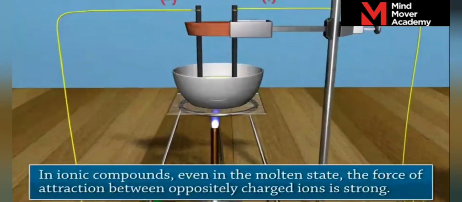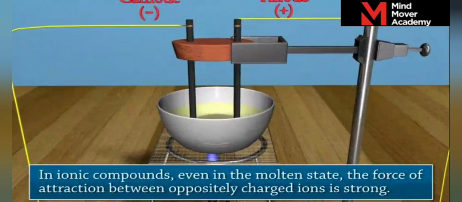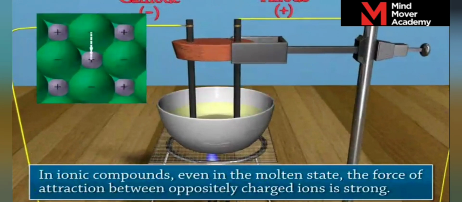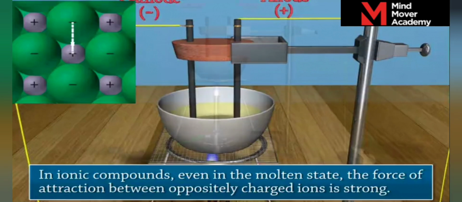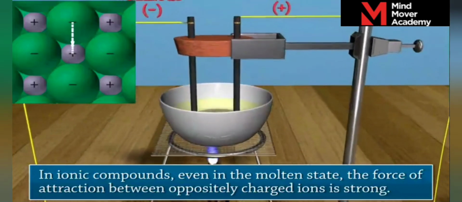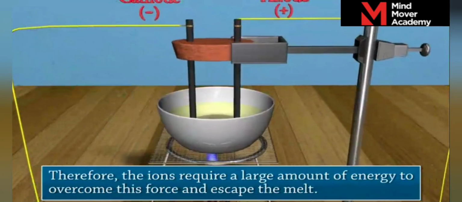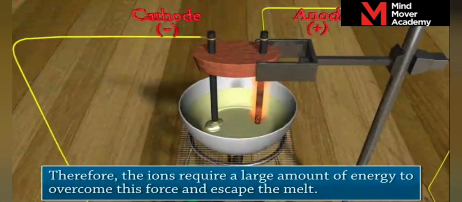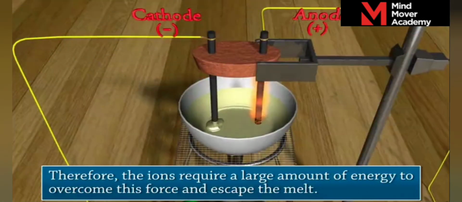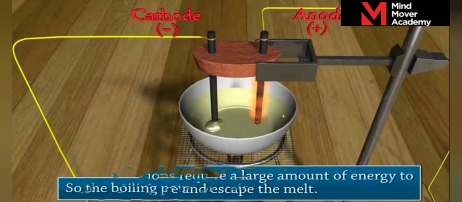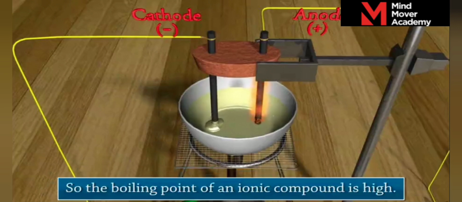In ionic compounds, even in the molten state, the force of attraction between oppositely charged ions is strong. Therefore, the ions require a large amount of energy to overcome this force and escape the melt. So the boiling point of an ionic compound is high.